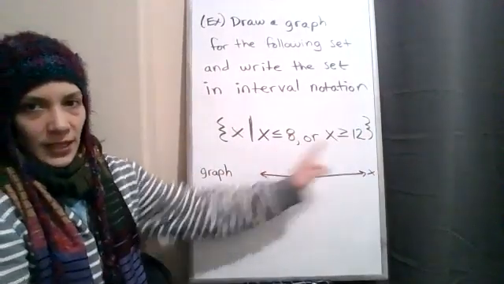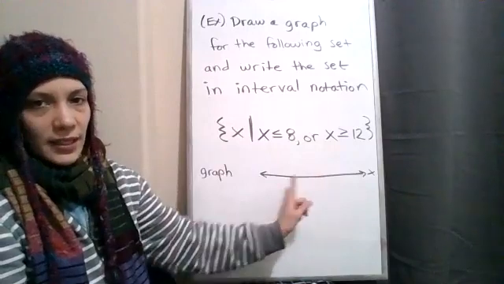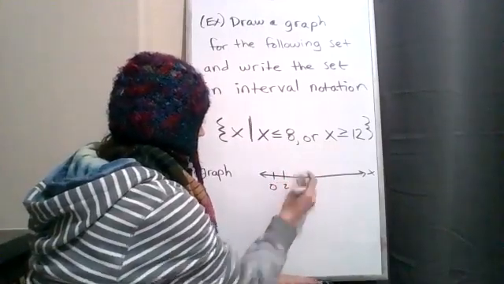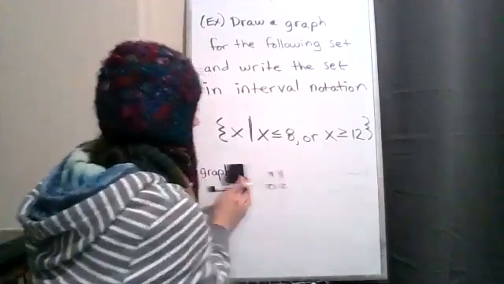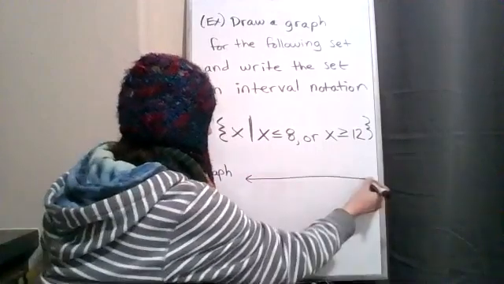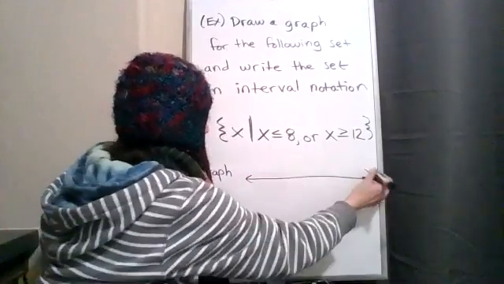So we need a place for 8 and a place for 12 on the number line. Let's just start somewhere. Just put 8.